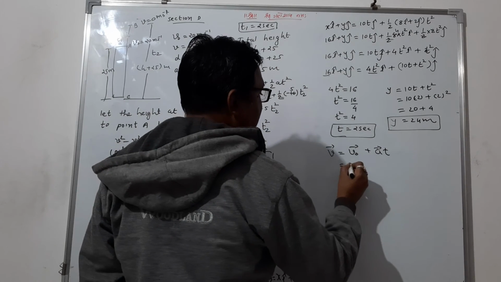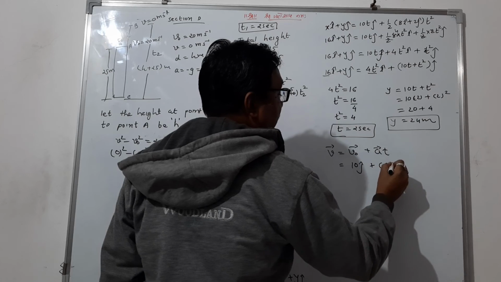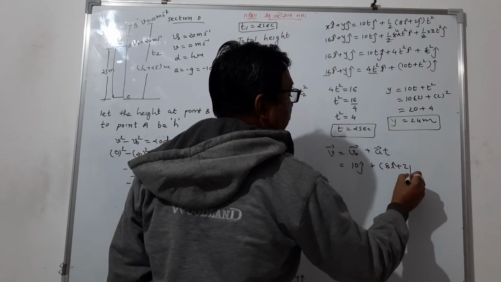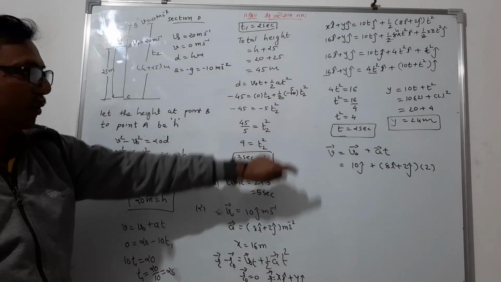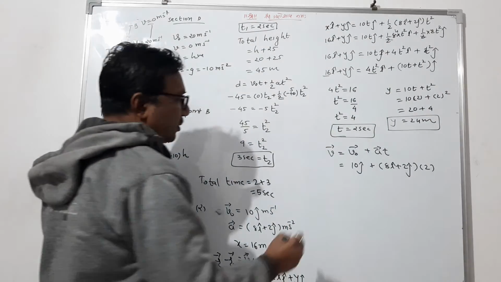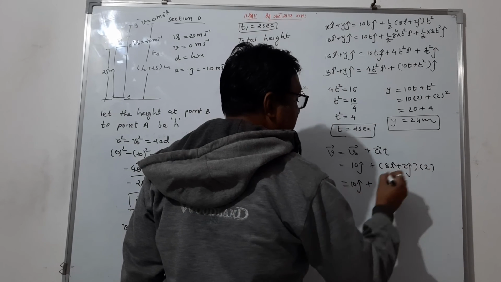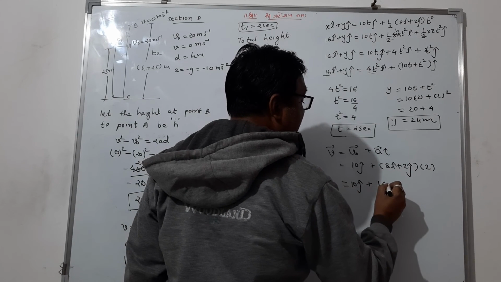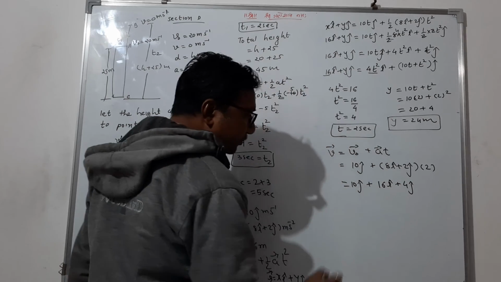So v0 is equal to 10j plus 8i plus 2j, the acceleration, and here 2 seconds. So 10j plus 2 times 8i is 16i, plus 2 times 2j is 4j.